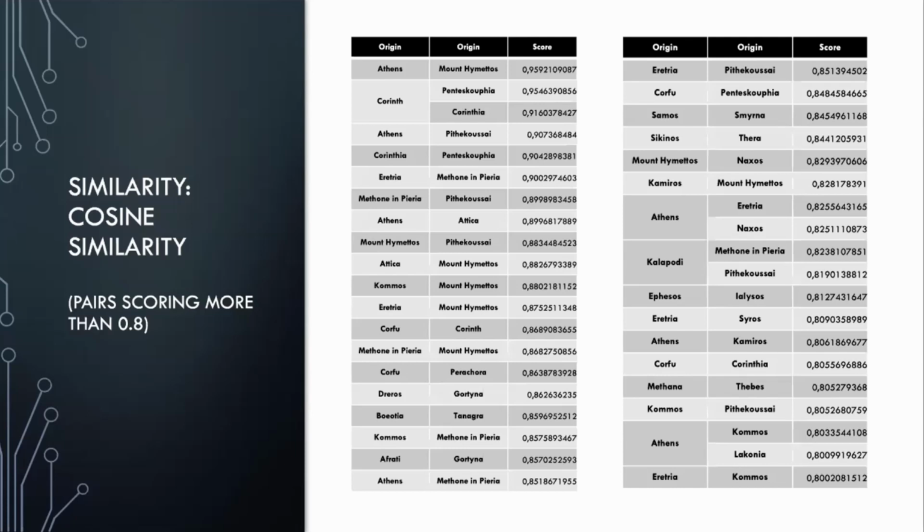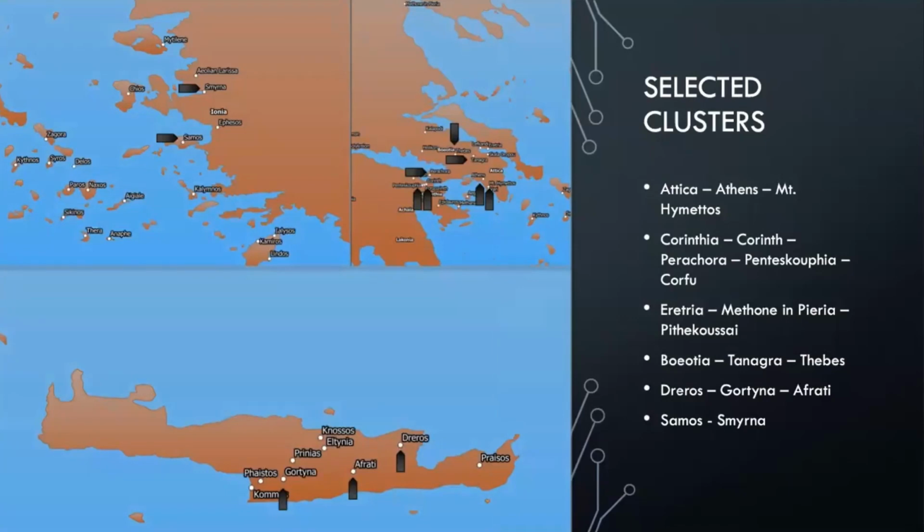And the interesting thing is that this method correctly grouped writing found in sites from the same region or in colonies under a metropolis. That is the case of the Attica region, represented here by Athens and Monchimetos.